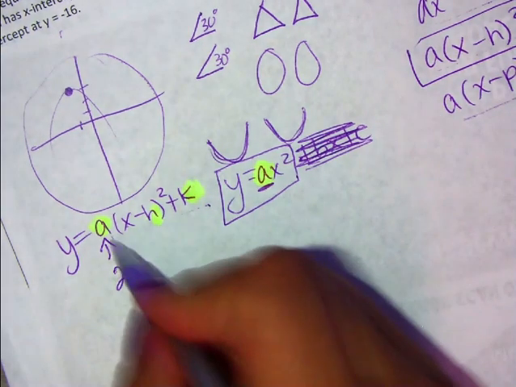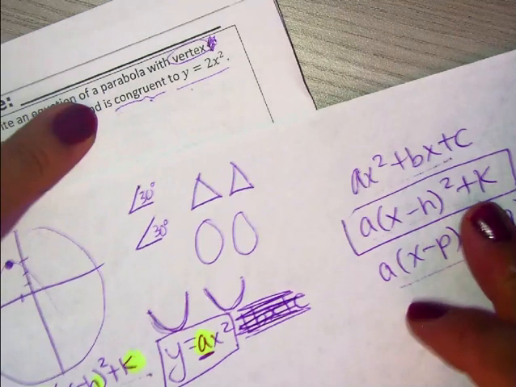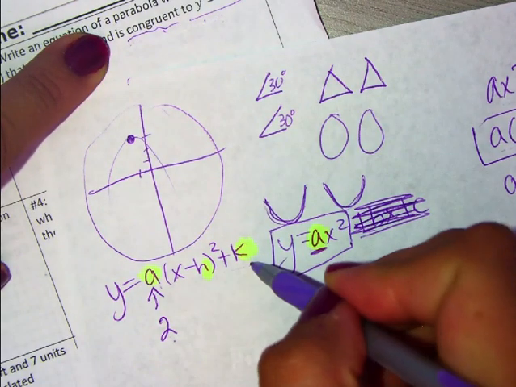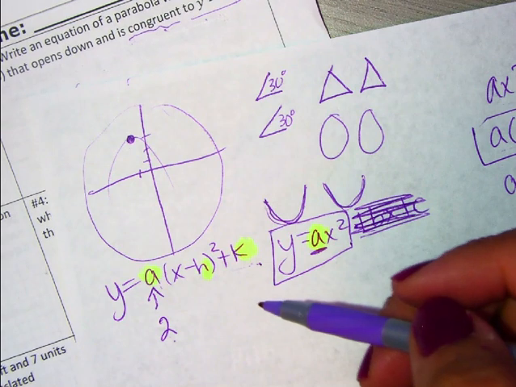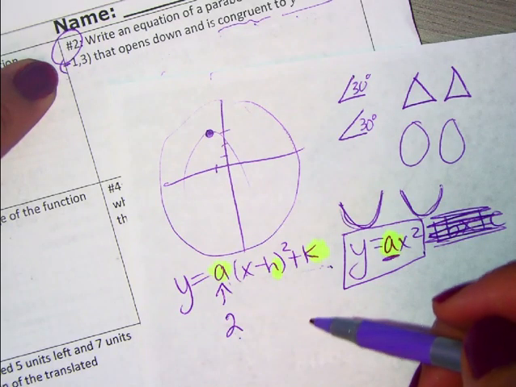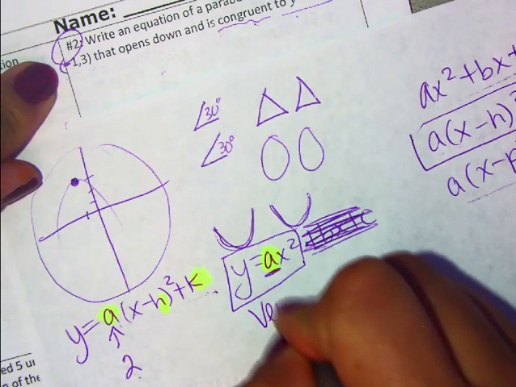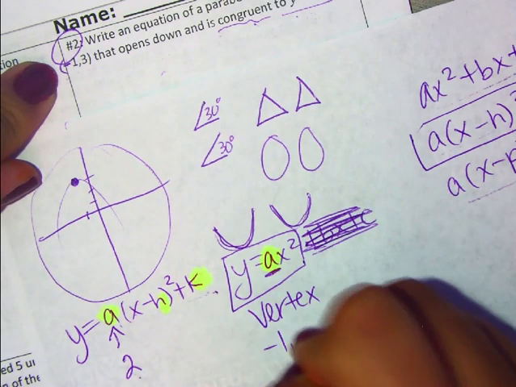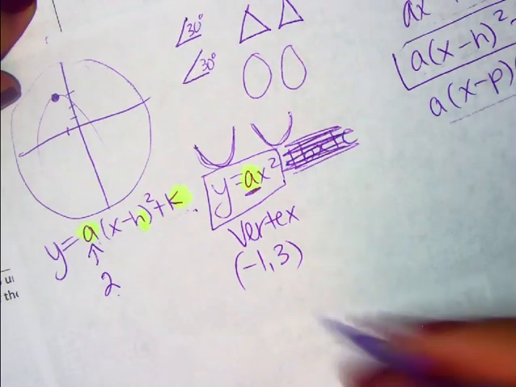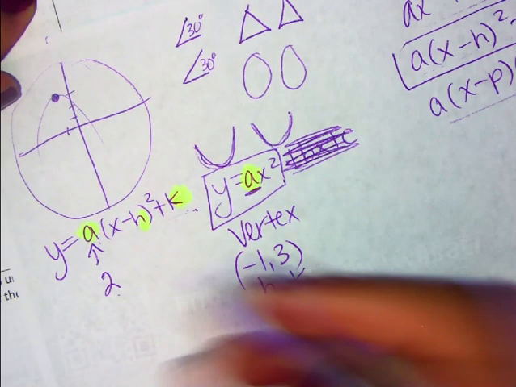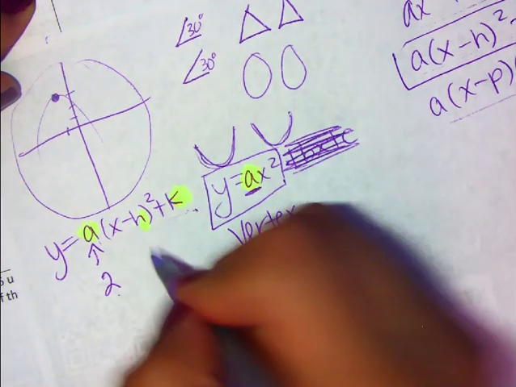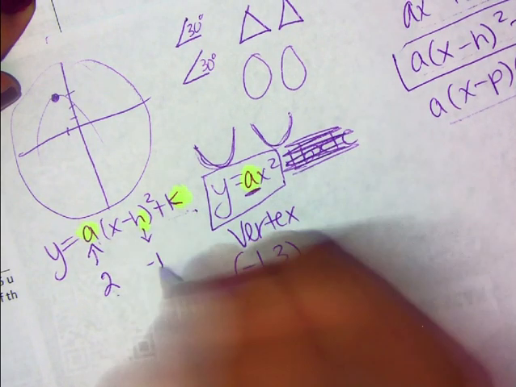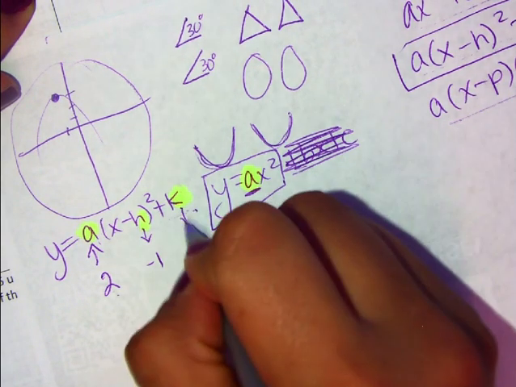We already know a is 2 based on the congruency statement right here. So what we need to do now is look at h and k. Well, h and k come from your vertex, that -1, 3. So if the vertex is -1, 3, we're going to replace h with -1 and k with 3.